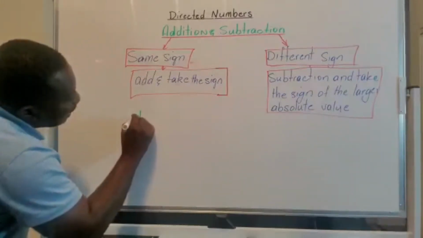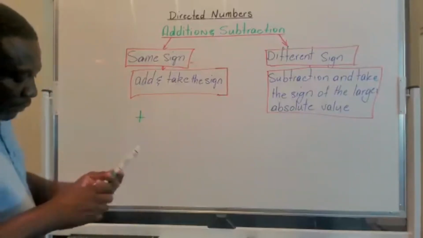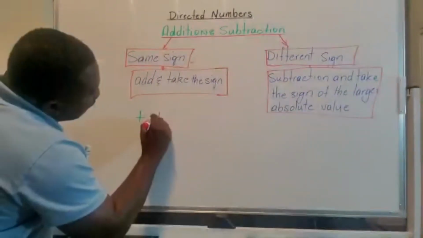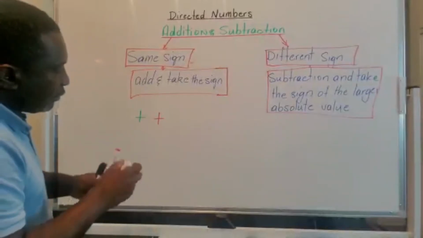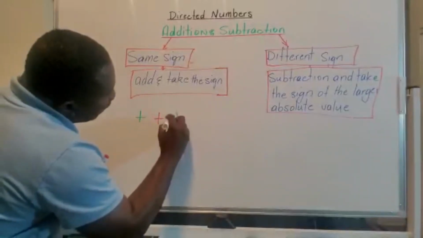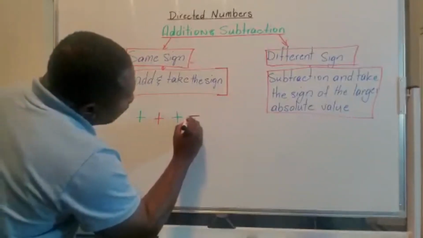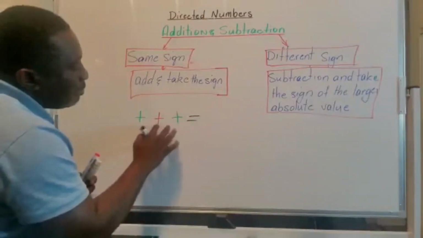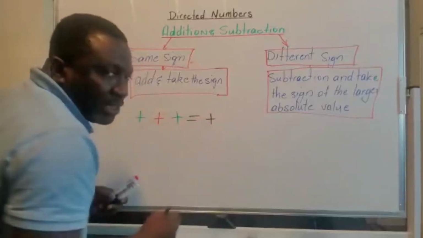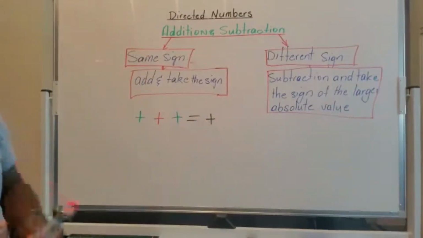Therefore means if I add a positive plus a positive, so I'm adding two positive here, the equation therefore is telling us that the outcome will be positive. We are taking the sign.